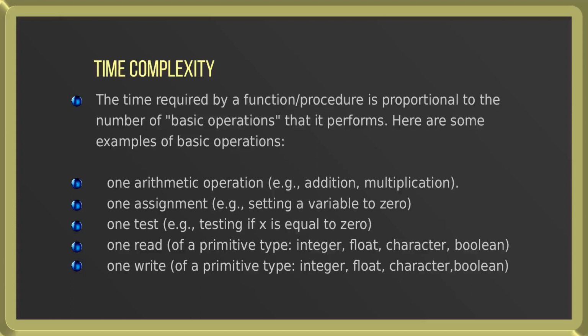Here are some examples of basic operations. 1 arithmetic operation, example, addition, multiplication. 1 assignment, example, setting a variable to 0. 1 test, example, testing if x is equal to 0. 1 read, of a primitive type, integer, float, character, boolean. 1 write, of a primitive type, integer, float, character, boolean.